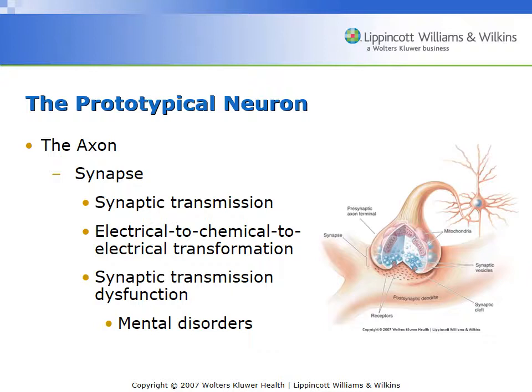And depending on the cell type, depending on what the chemical composition is, this chemical signal then triggers an electrical impulse in a subsequent cell. So neurotransmission is basically conversion of electrical signal to chemical signal, and then subsequently that chemical signal is converted back into electrical signal in a secondary cell.